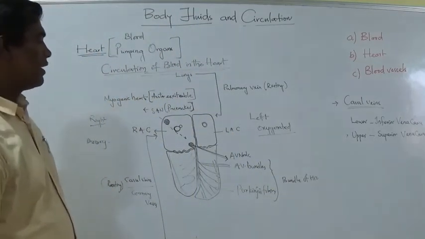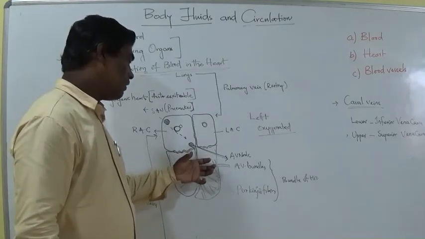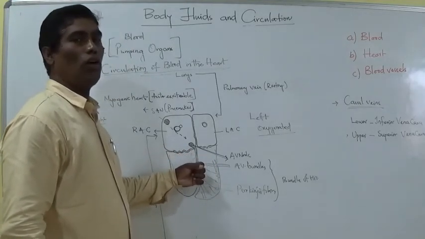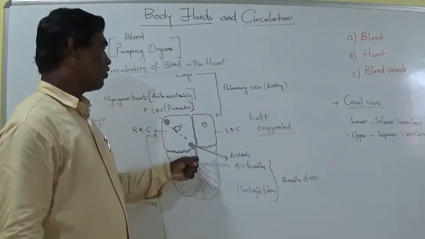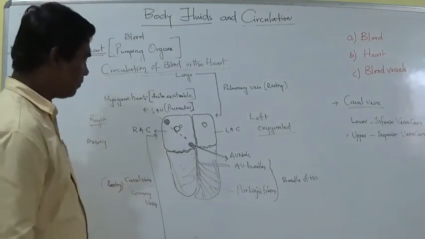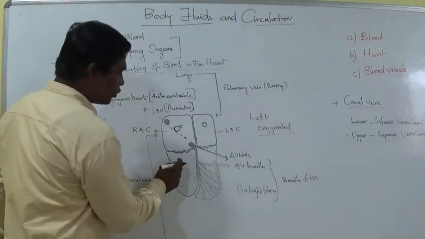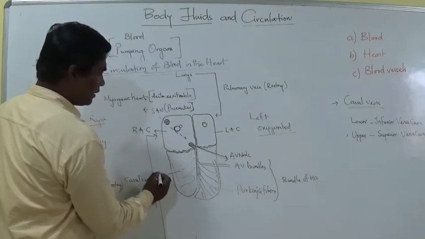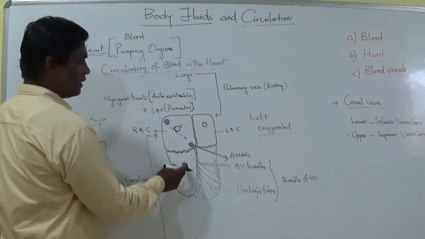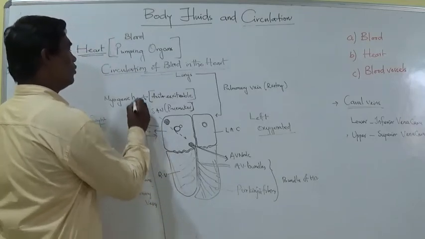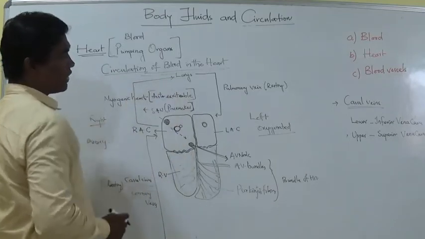This creates the contraction of the ventricles, and the impure blood present in the right ventricle is supplied to the lungs for oxygenation.